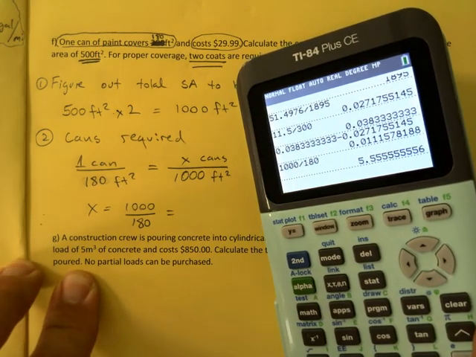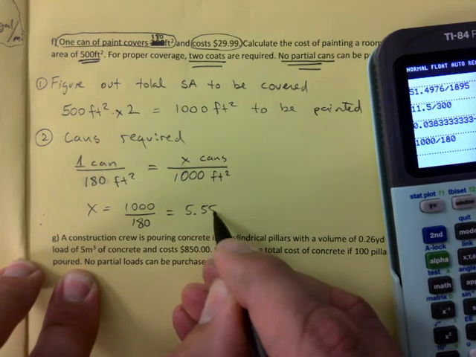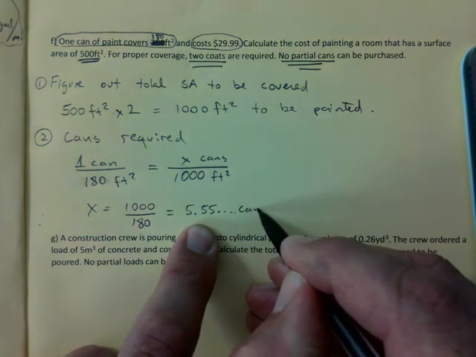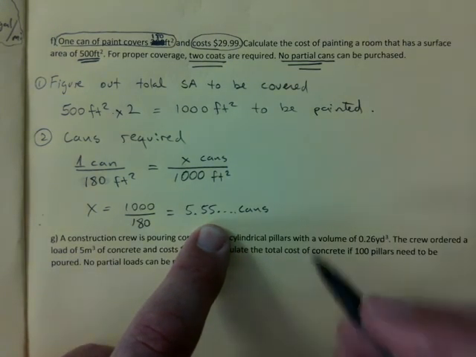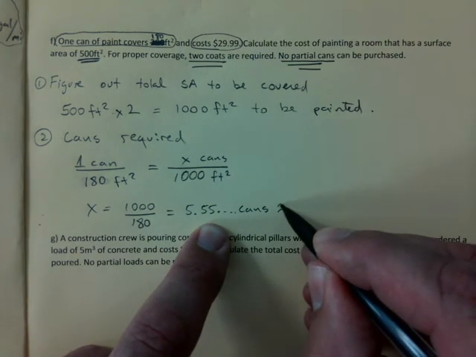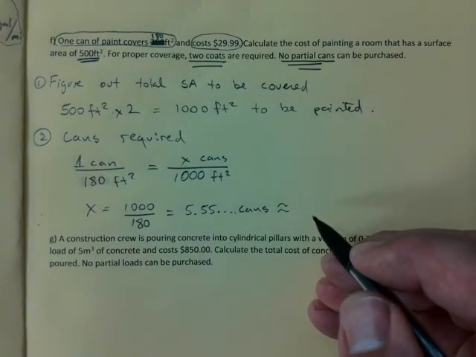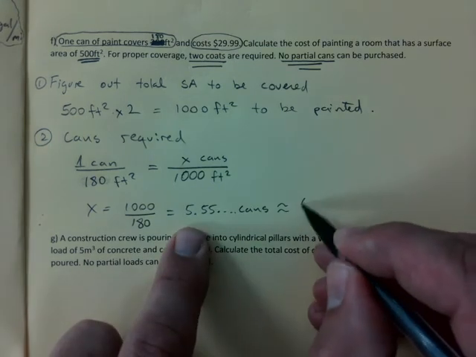I want you to write that down first, that you're going to need exactly 5.55 cans. Can you buy partial cans? No. So if it's 5.01, you still need to buy that extra can, correct? So we'll say 6 cans.